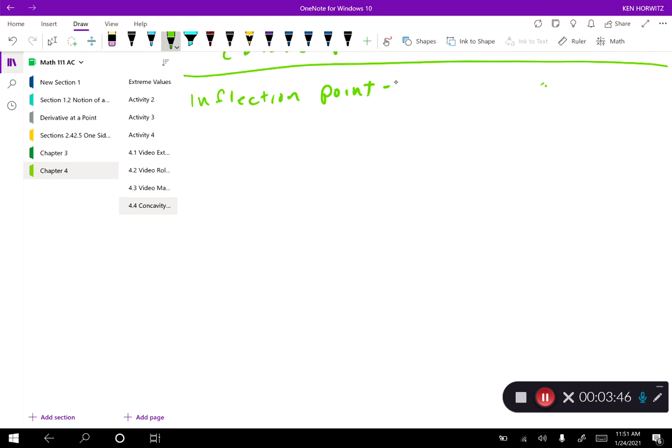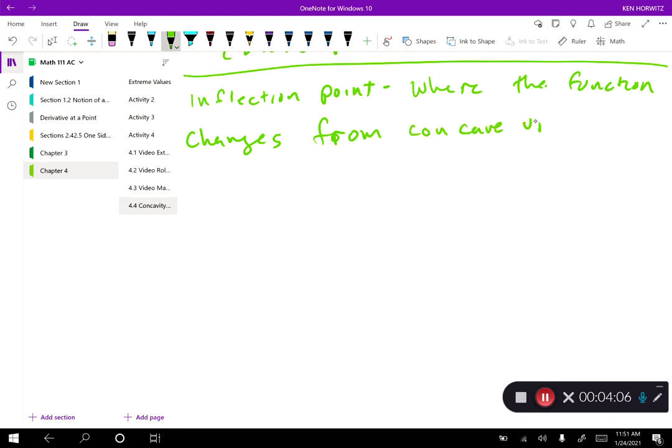An inflection point is going to be where the function changes from concave up to concave down, or vice versa.